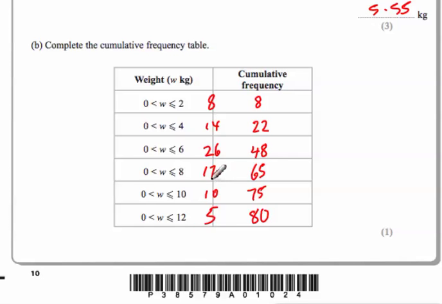Now, when we come to plot the diagram, we're going to be using the upper limits, not the midpoints, because we're talking about cumulative frequency, so we're talking about the maximum weight for each set of values here. So we're going to be plotting the biggest one against the cumulative frequency.